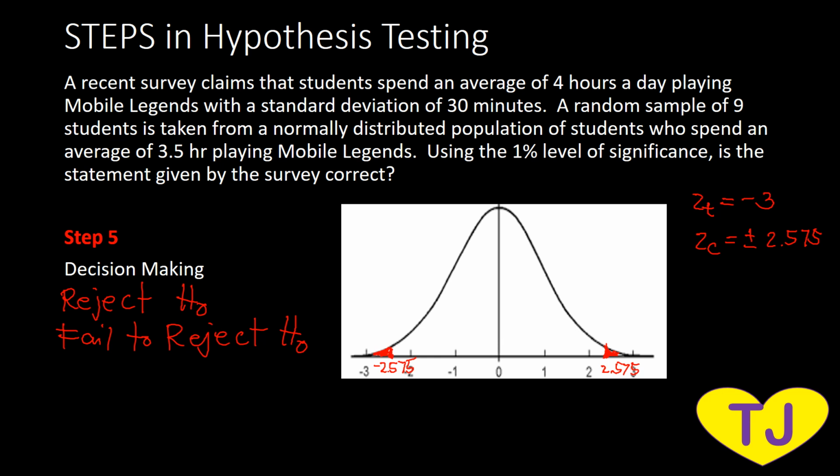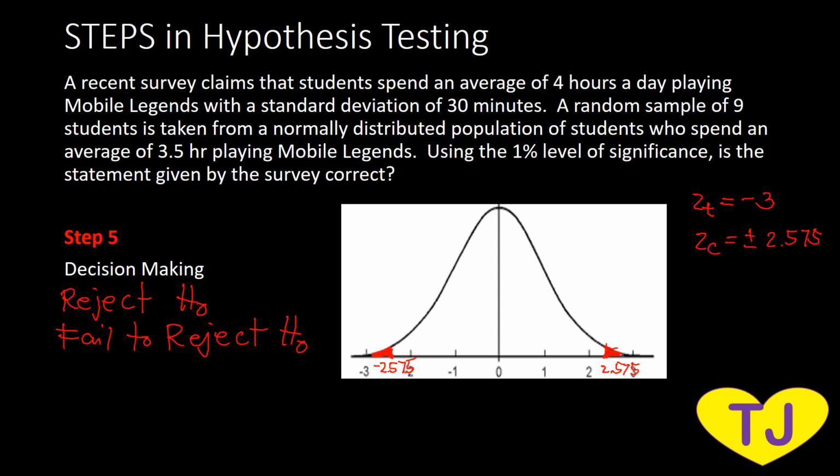Now, take note, we have our critical region here, which is going to be this part on the left side and this part on the right side. So if our z sub t falls on either of those regions, automatically we're going to be rejecting our null hypothesis.